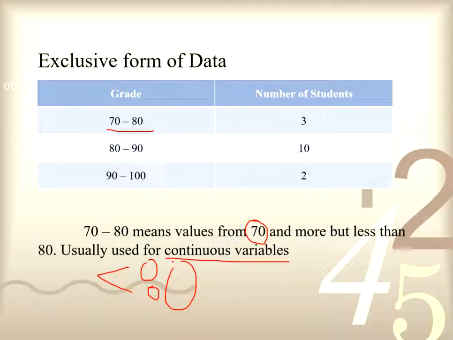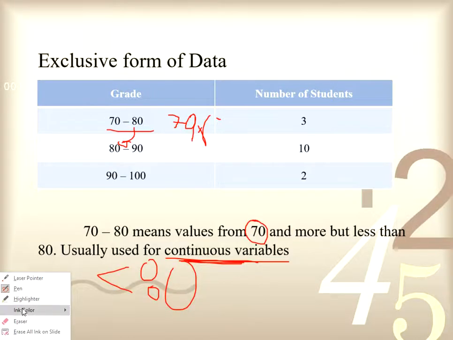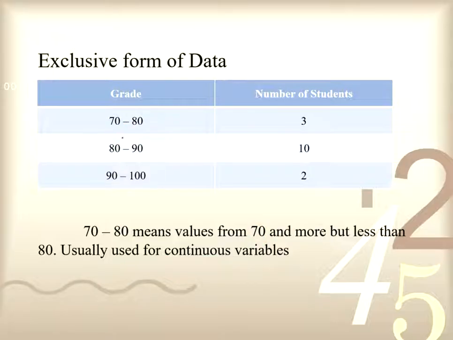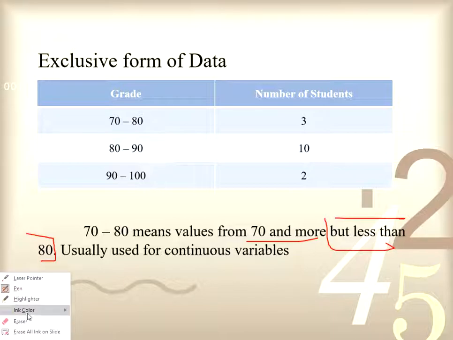Usually used for continuous variables, yung mga may counts tayo. So ang pasok dito is hanggang 79.5, mga ganon. So pag 80, dito na siya bilang. So 70 and more, but less than 80. Yan ang ating exclusive form of data.